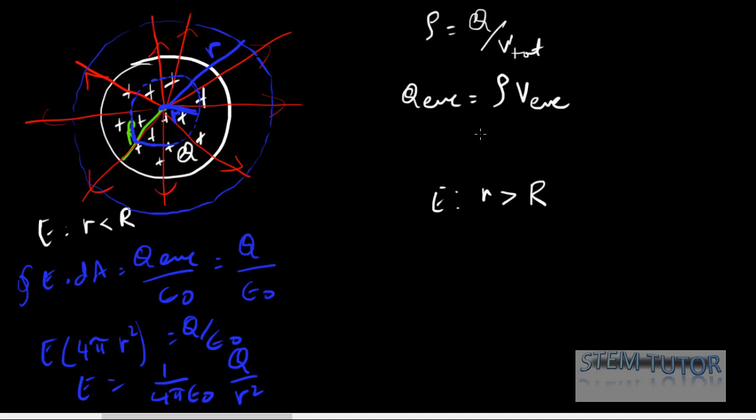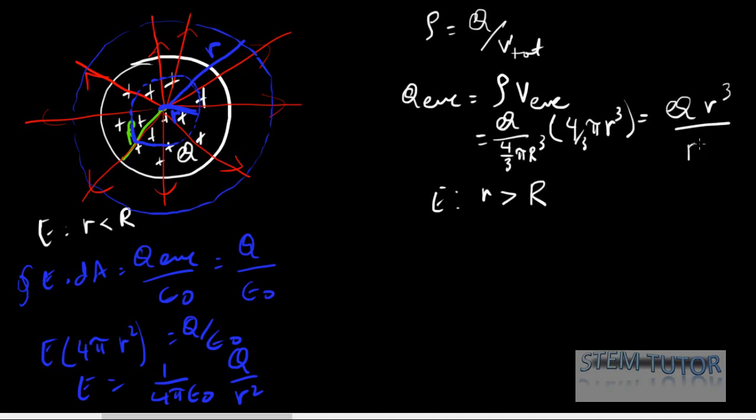So it's going to end up being Q over 4/3 pi R cubed times the enclosing volume, which is 4/3 pi times small r cubed, and that's going to equal Q times r cubed divided by capital R cubed. So that is the charge enclosed by the sphere when you're inside the insulator.